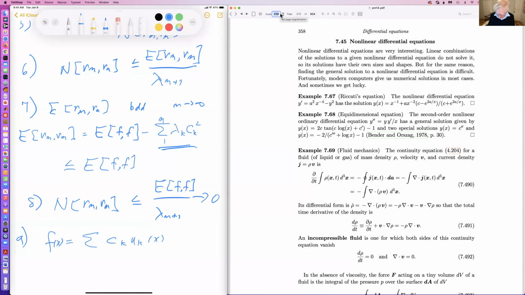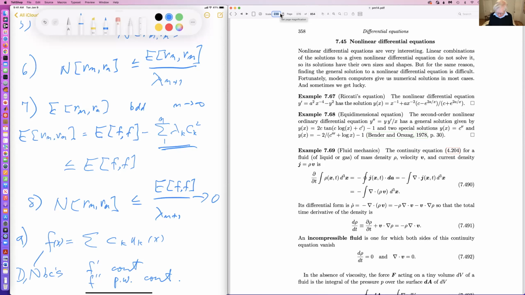So let's assume that f obeys Dirichlet or Neumann boundary conditions, and that f prime is continuous, f double prime is piecewise continuous.